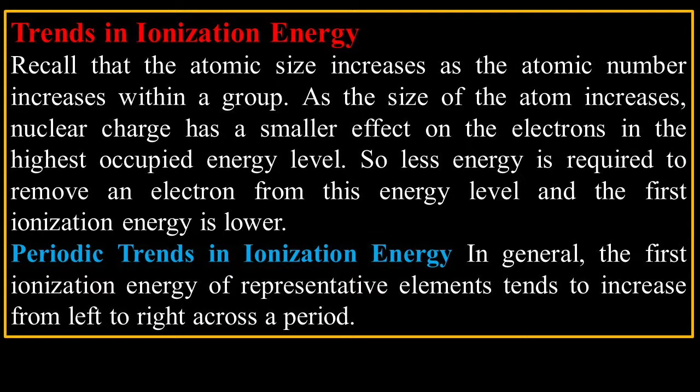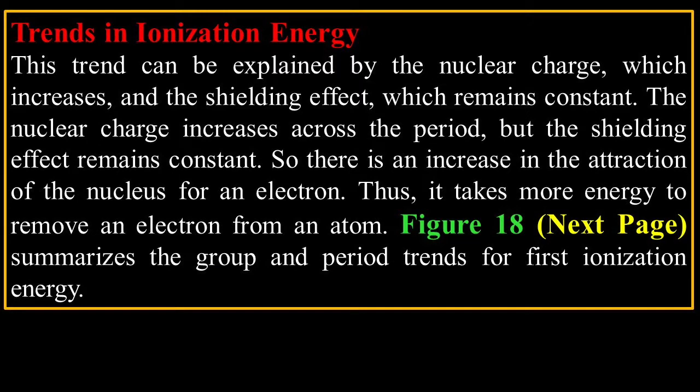Period trends in ionization energy. In general, the first ionization energy of representative elements tends to increase from left to right across a period. There are some exceptions that are based on electron filling of orbitals, and you should know those.